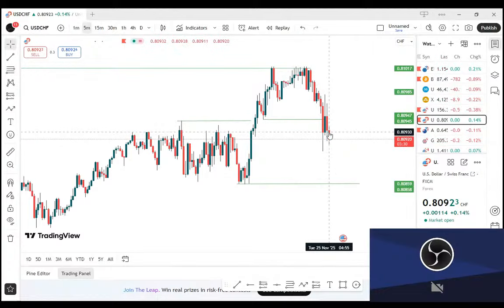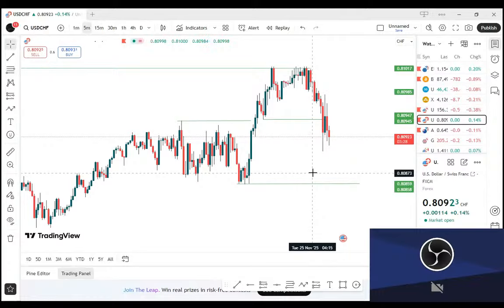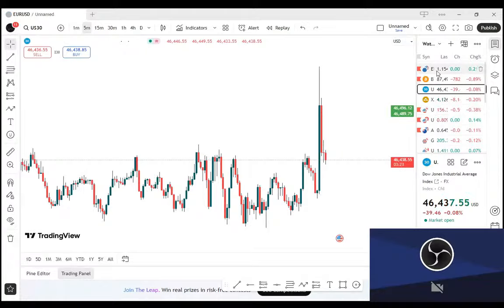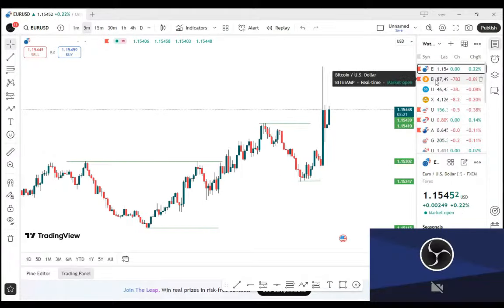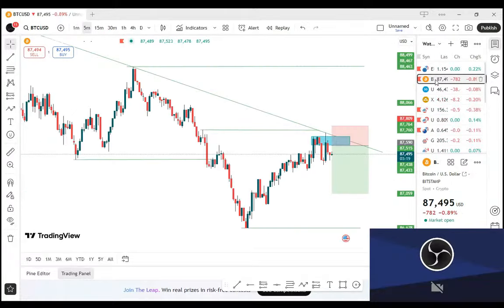These broken structures and these retracements. So once price comes to that particular zone, we'll take a trade.